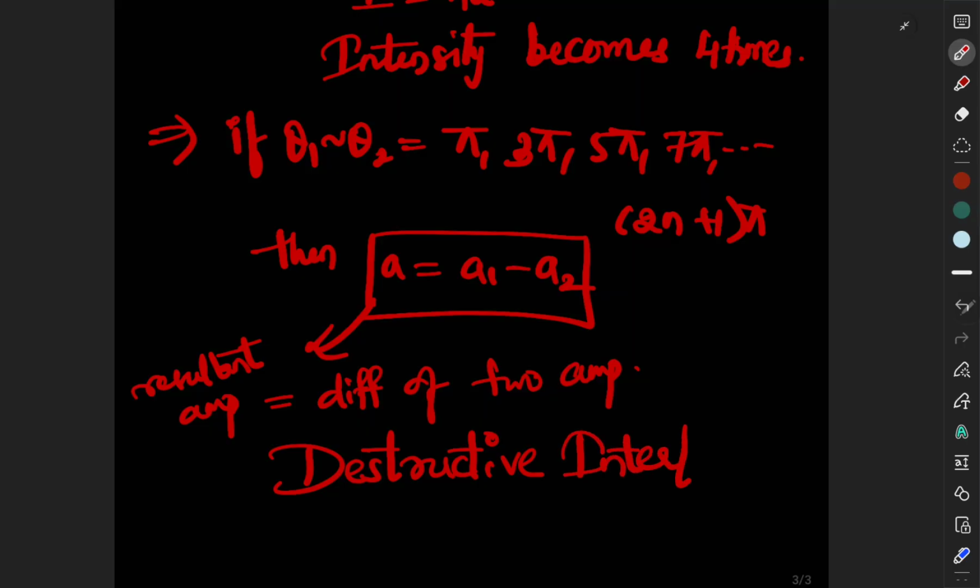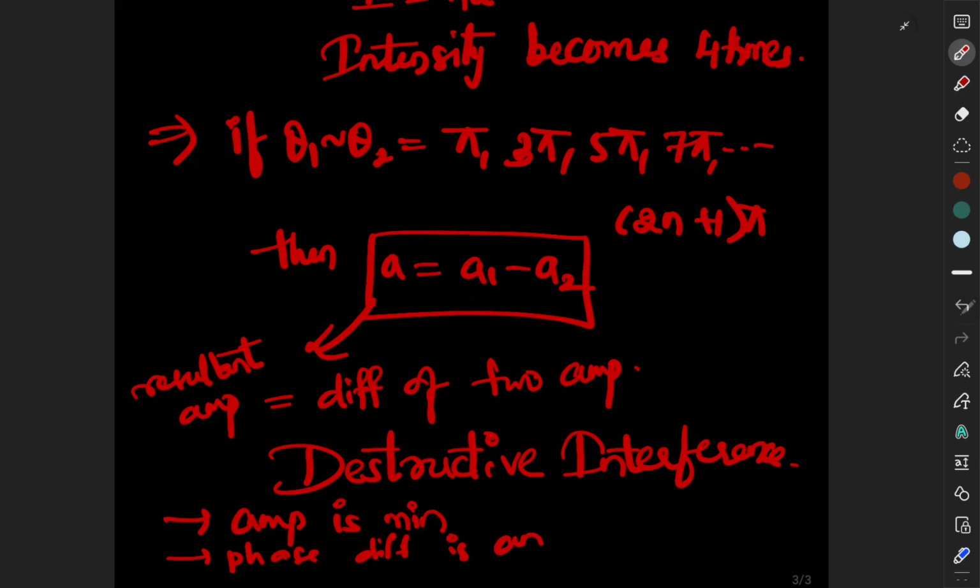We can write a few points about this. For destructive interference, amplitude is minimum, right? And what about the phase difference? The phase difference is an odd multiple of pi.